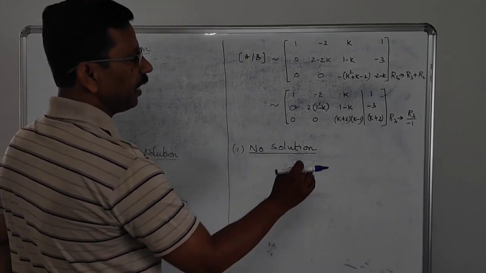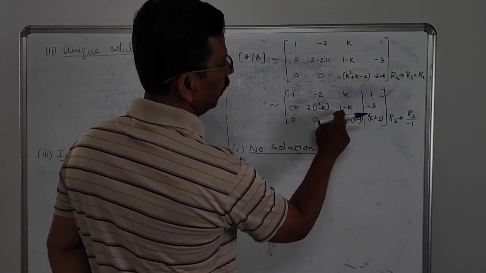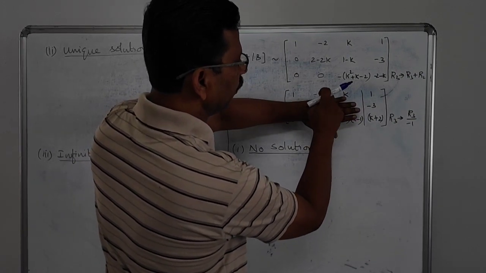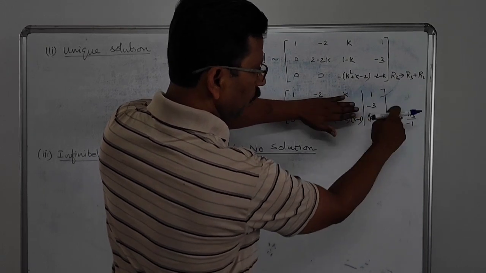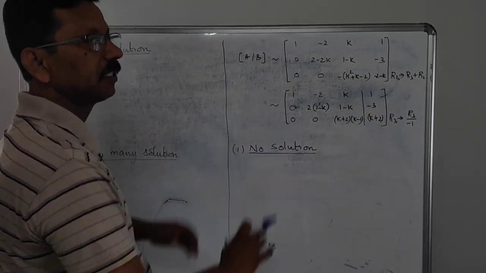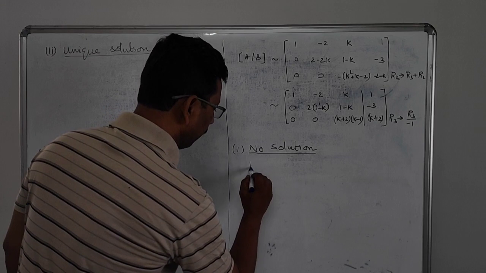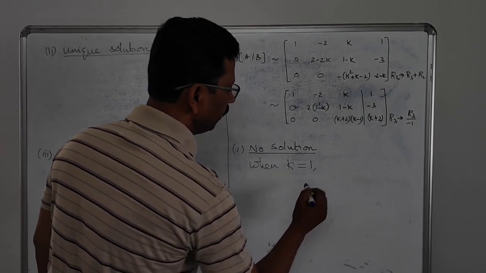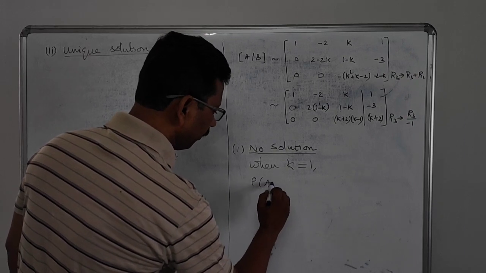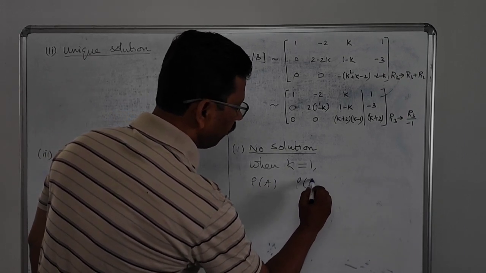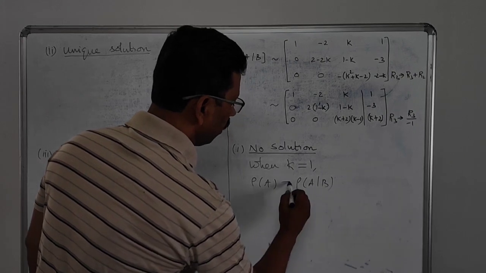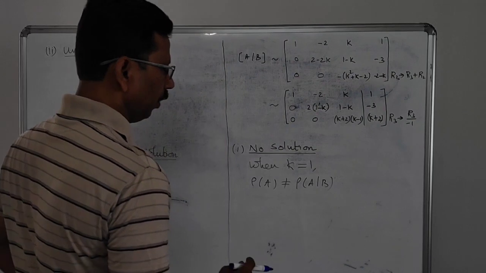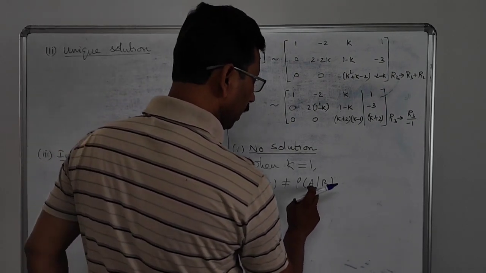By putting k equal to 1, these elements become 0, so the rank of A will be 1, and the rank of AB is definitely not equal to 1. When k equals 1, rank of A is 1 and rank of AB is 2, so the ranks are not equal.